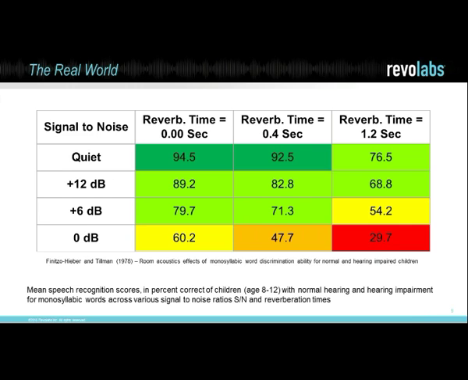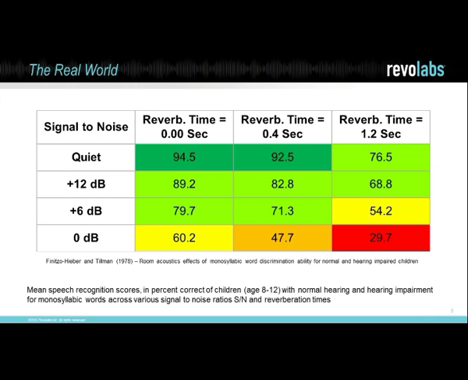And so what you want to focus on here is that green area, which translates back to the previous slide, the green, the good to excellent. What they've done is they tested single syllable words and the ability for students to accurately understand what was being said. And you can see in a quiet room where there's no noise floor at all, none of that ambient noise, the interpretation is excellent, right, at a 0 reverberation.